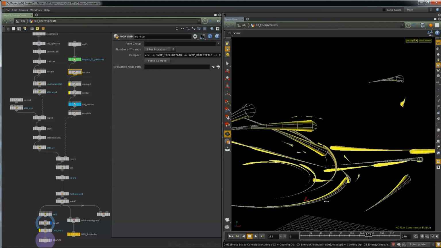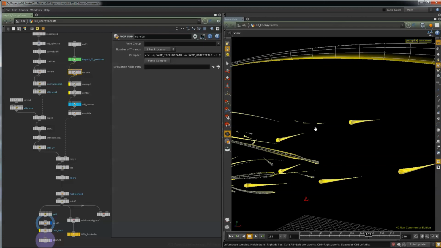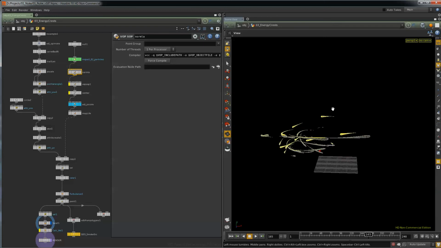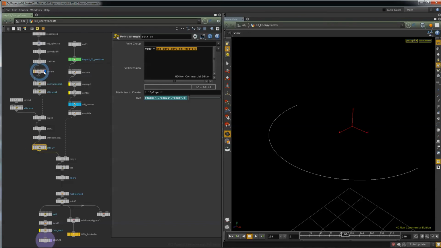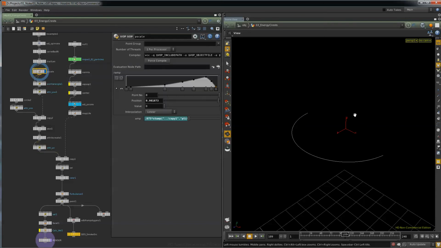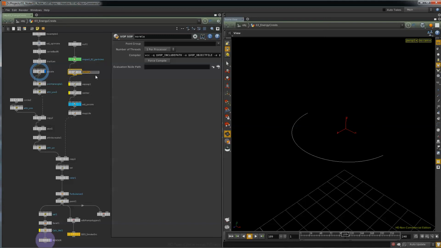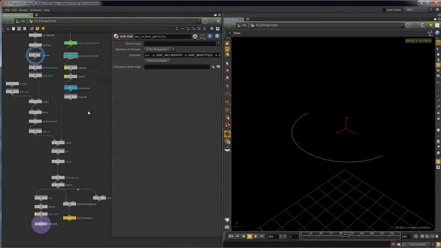Basically, that orient attribute rotates the spinning curve. The spinning curve is that guy, and that rotates around the y-axis. Then again I rotate it from this guy. So that levels them out.